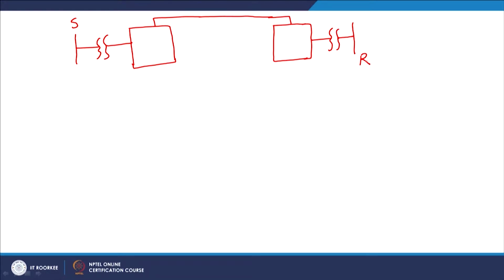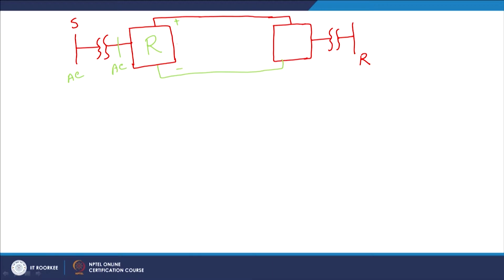So, what happens here? We have an AC voltage here, and at this bus also there is an AC voltage. This is working as a rectifier. This rectifier converts the AC voltage into DC voltage.